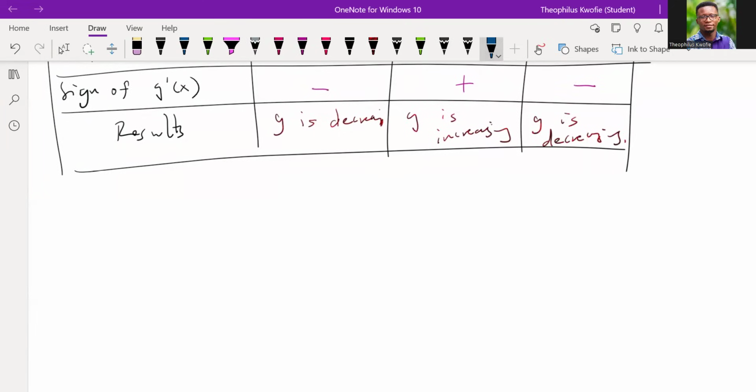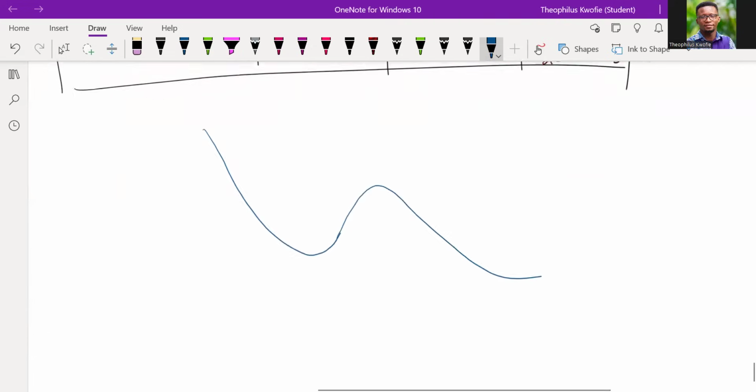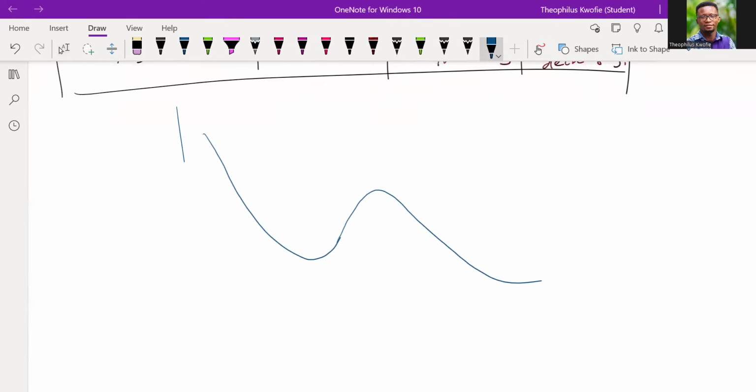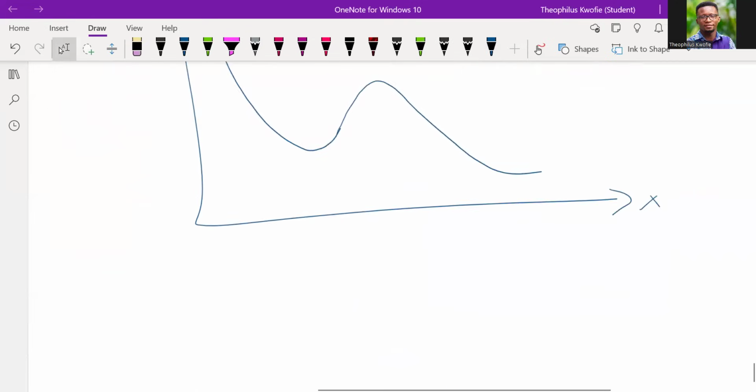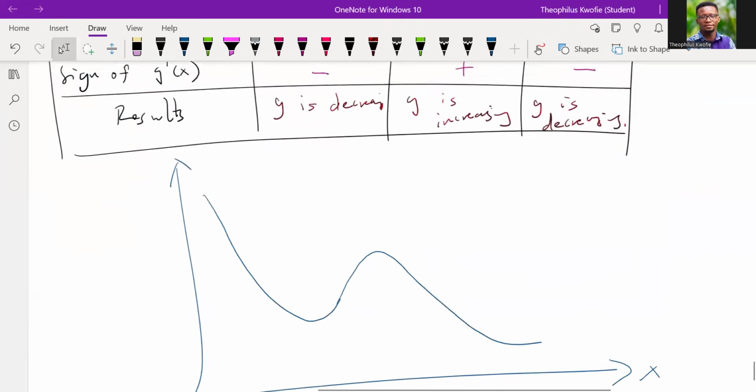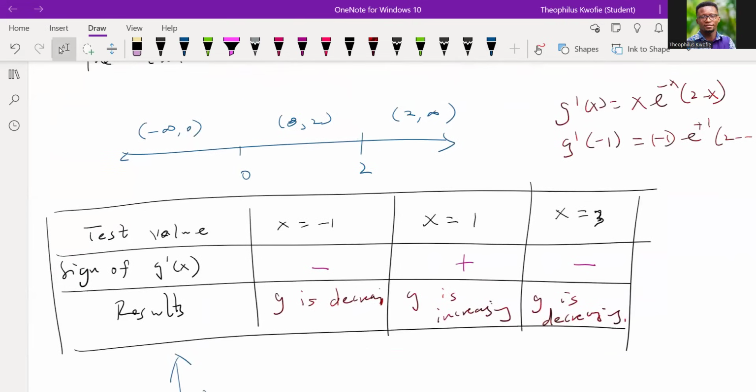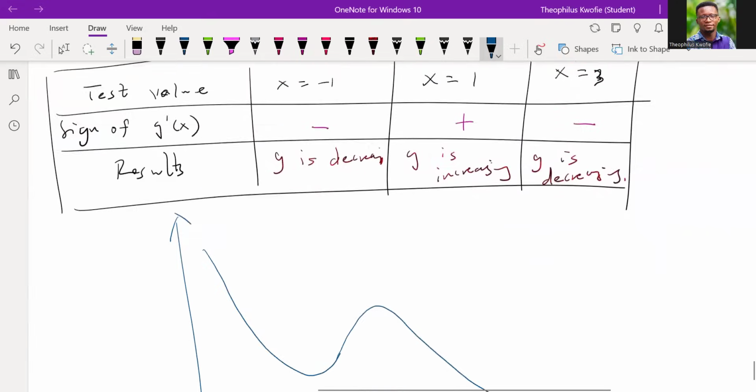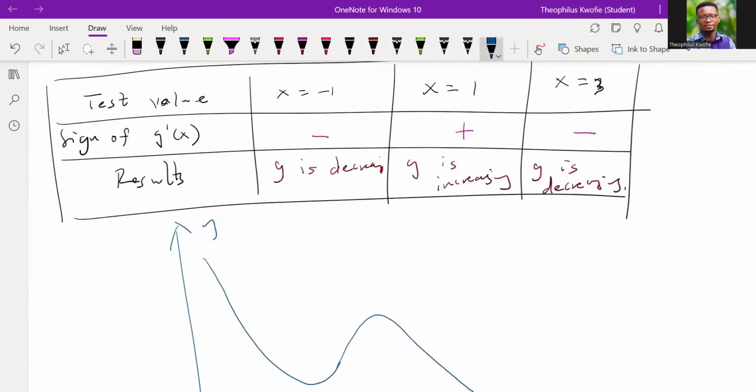First it decreases, then it goes up, then it falls. This is just a sketch of the solution. So take note.